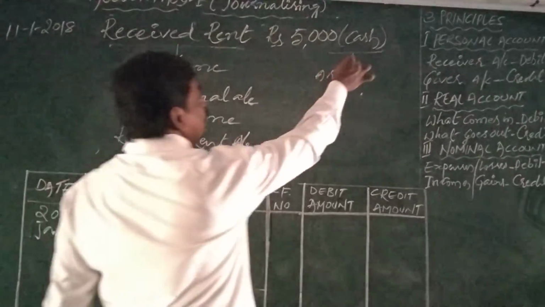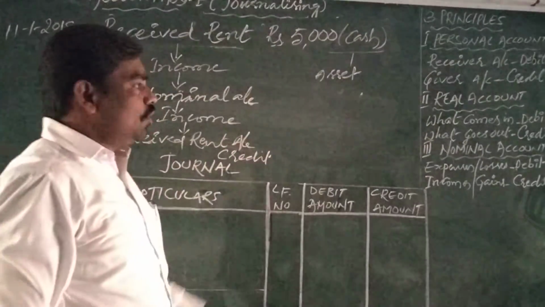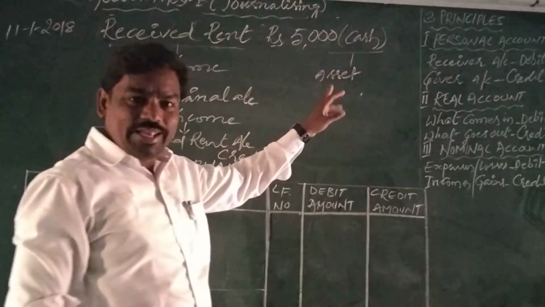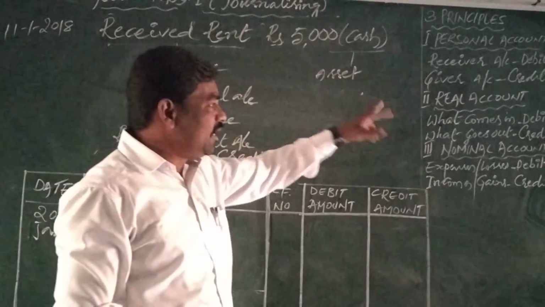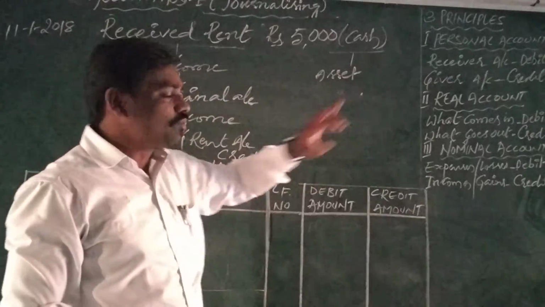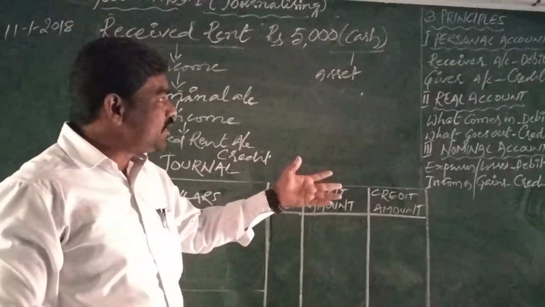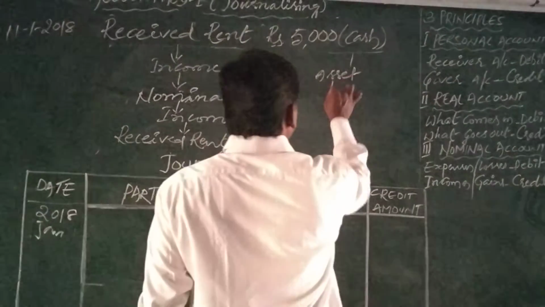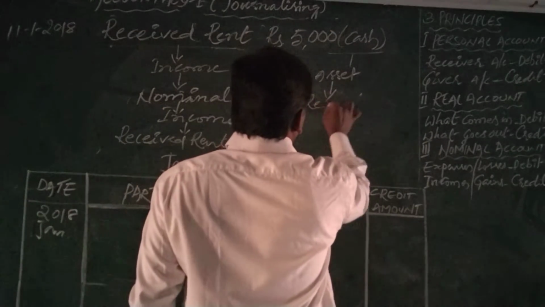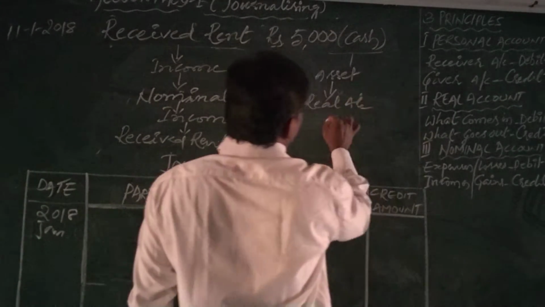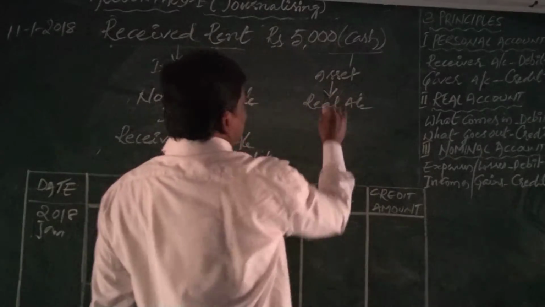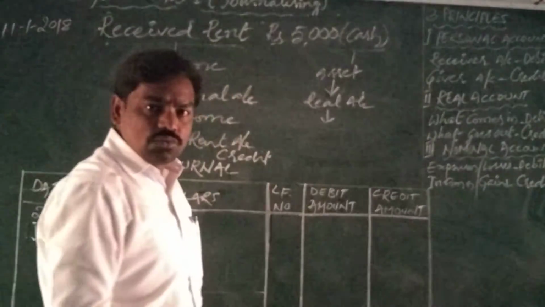Okay, next come to cash account. So cash is an asset. Assets are related to real account. Okay, what does real account principle say? Real account principle says that what comes in, debit; what goes out, credit.